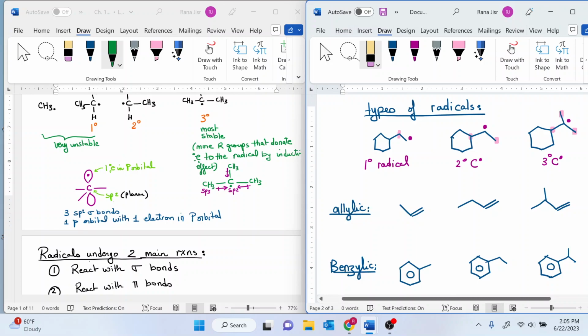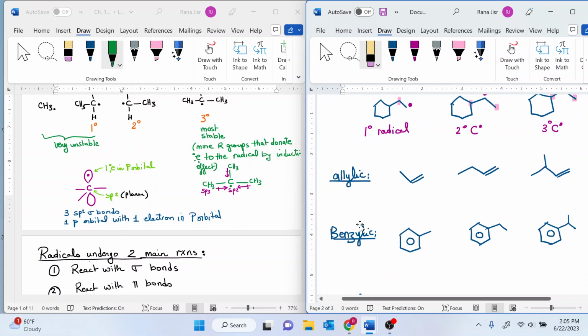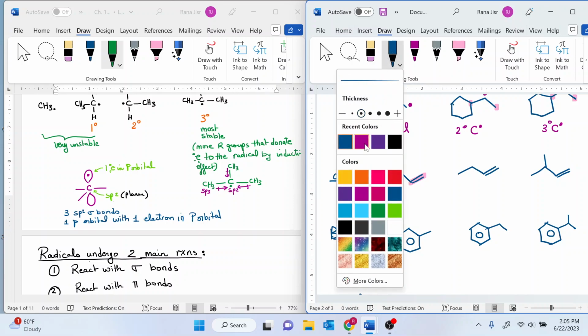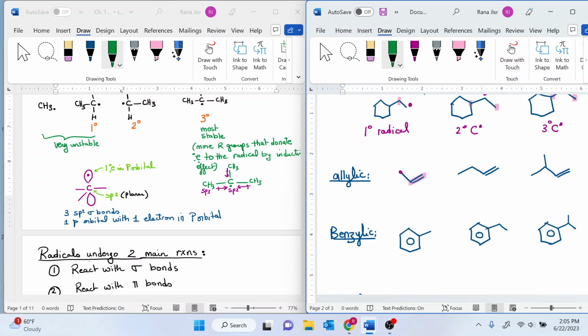So let's start with the allylic. An allylic group is simply a carbon that is connected to an alkene. See this carbon over here. If you have a carbon that is connected to an alkene, then I'm going to call it an allylic carbon. So this carbon over here is going to be an allylic carbon.